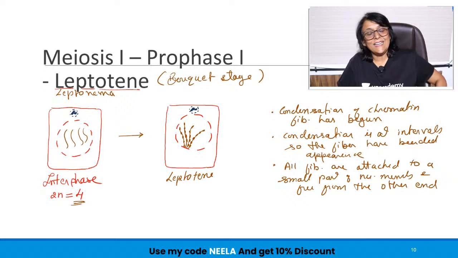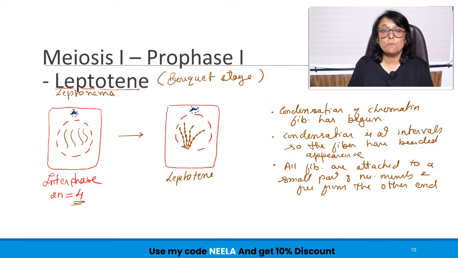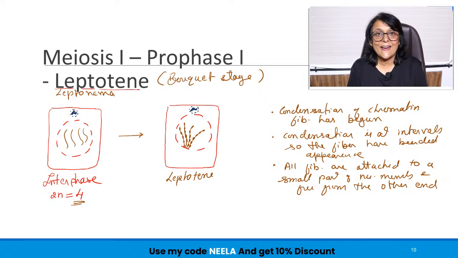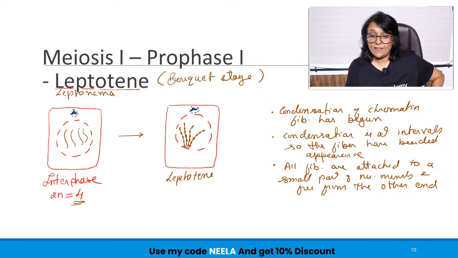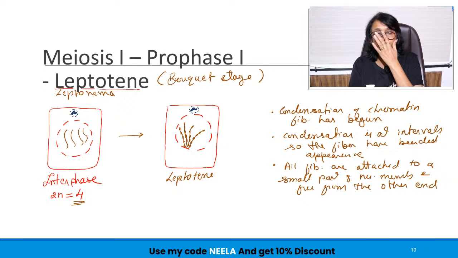Okay, we are starting with prophase I. First is leptotene, which is called the thin thread stage, or leptonema, or bouquet stage. Here, the nuclear membrane does not dissociate.